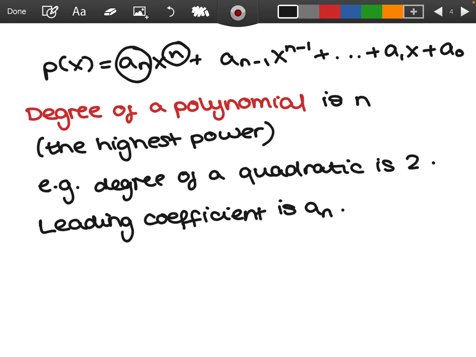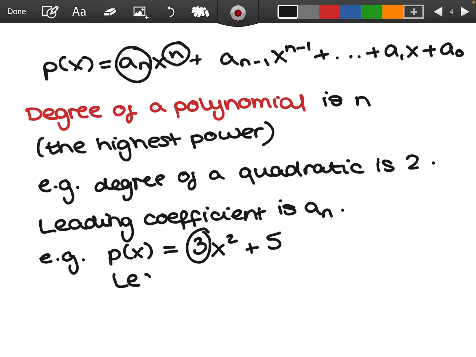It is the constant that is in front of the term that has the highest power in it. So in this case, if you had a quadratic, it would be the coefficient of x squared. So I'll give you a quick example here. P of x is equal to 3x squared plus 5. Your leading coefficient in this case is the number that is in front of the highest power of x, so the leading coefficient would be 3.